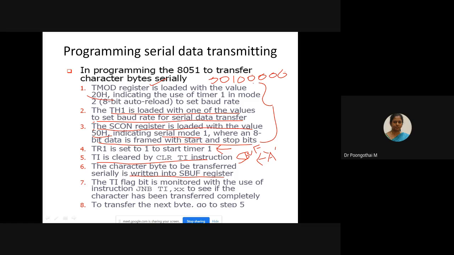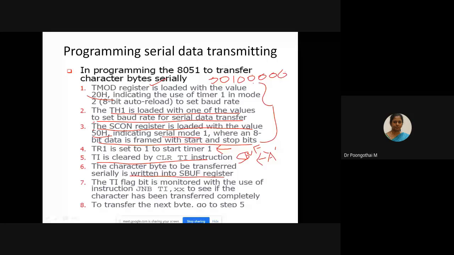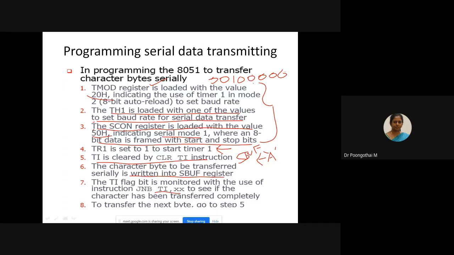Now your SBUF register is filled, that is, SBUF is full. From SBUF, the data is transmitted out of 8051 via TXD. Once SBUF is empty, your TI is set to 1. So first write the character into the SBUF register and monitor the TI flag continuously to indicate that SBUF is empty. If SBUF is empty, your TI flag is set to 1.